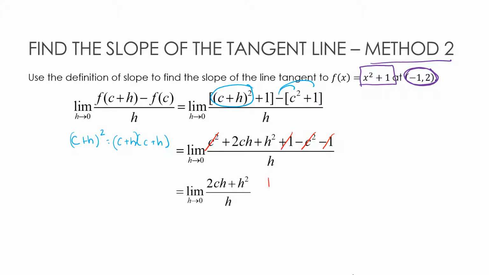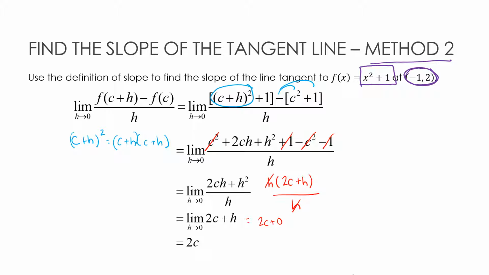Obviously I can see I should be able to factor an h out of both terms in my numerator, leaving me with this, which of course would let me cancel out those h's. So now I have the limit as h approaches 0 of 2c plus h. Now I can directly substitute in 0, so this can be plus 0. So this is 2c plus 0, which means my answer is 2c.